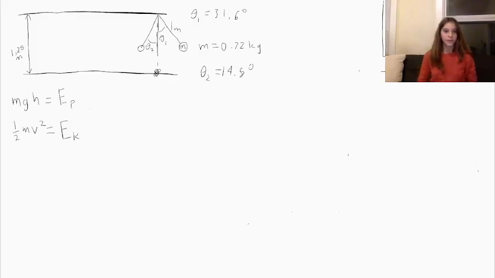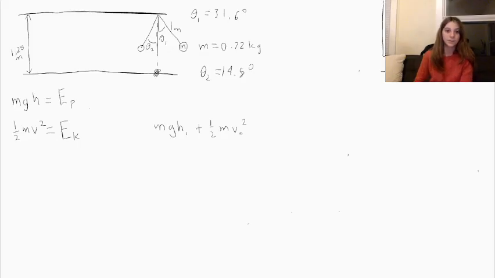Okay, so to solve this, let's set up our energy equation. So initially, I'm going to erase this. Initially we have mg h1, that's our initial height, plus half m v naught squared, that's our initial velocity.